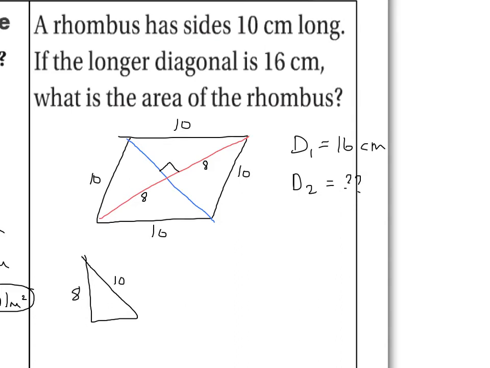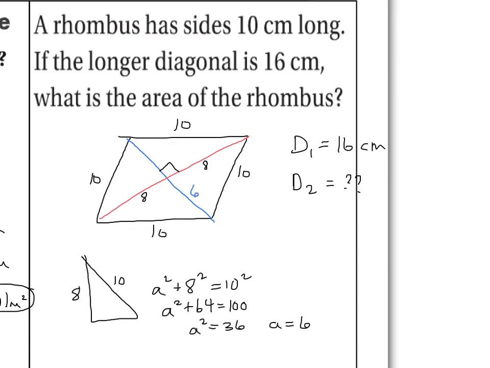Now, I can find the length of half of the blue diagonal by using the Pythagorean theorem. So a squared plus 8 squared equals 10 squared. That gives a squared plus 64 equals 100. If I subtract 64, I get 36, and if I take the square root, a is going to be 6 units long.